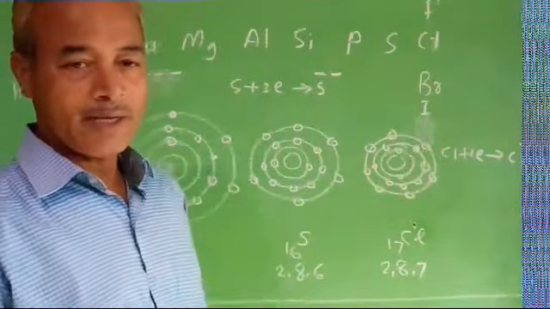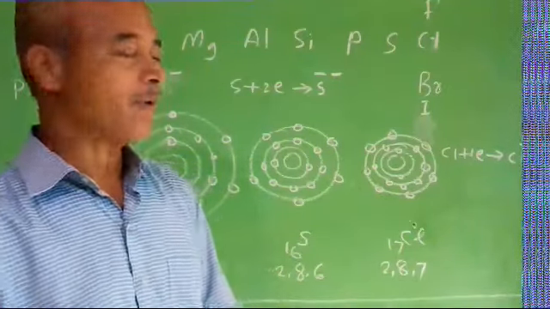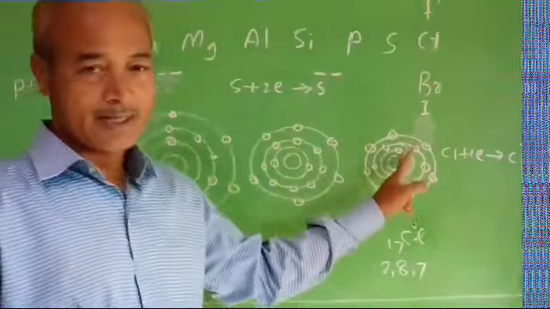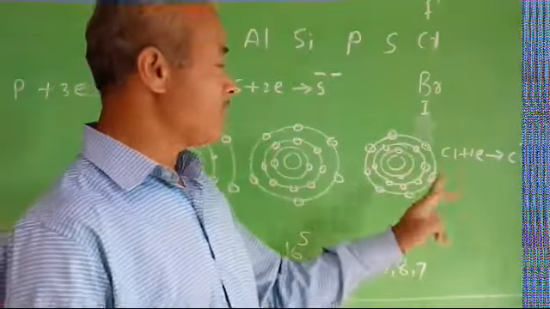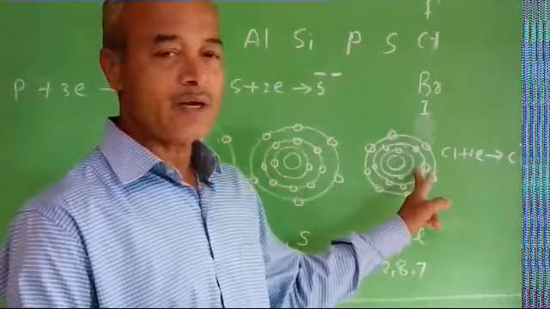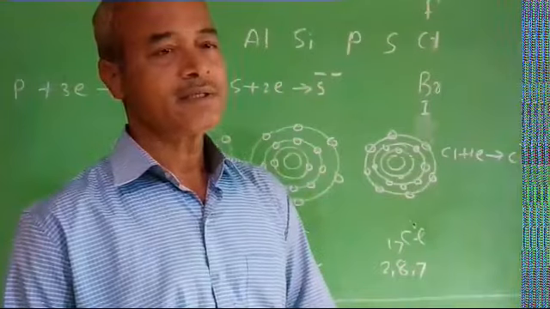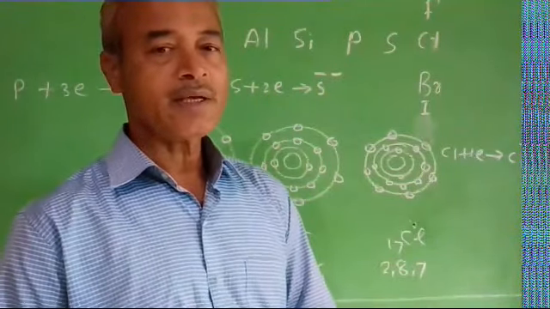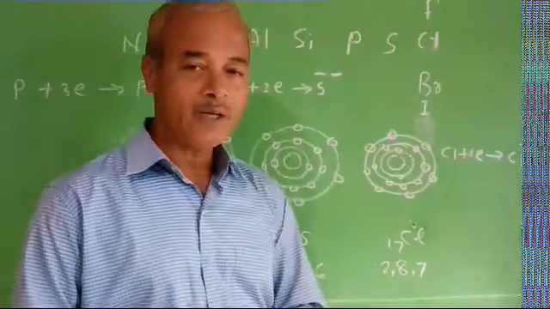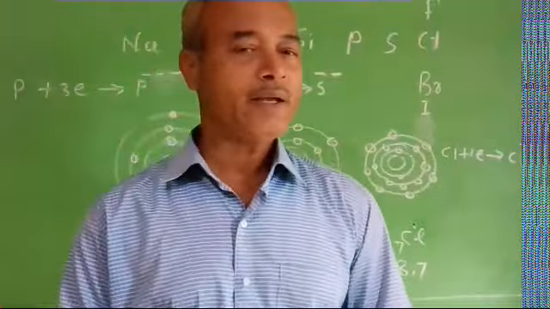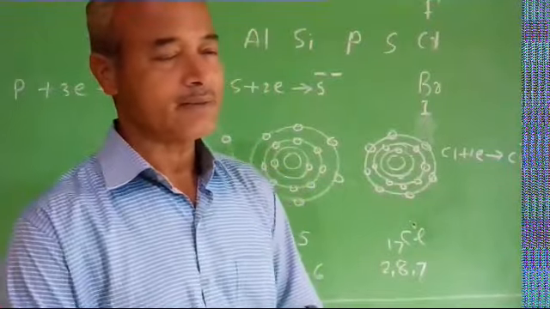Repeat, the non-metallic character or electronegativity goes on increasing from left to right. The most electronegative element is chlorine in this period, whereas the first element, sodium, is the least non-metallic or least electronegative. So in this way, the electronegativity goes on increasing from left to right.